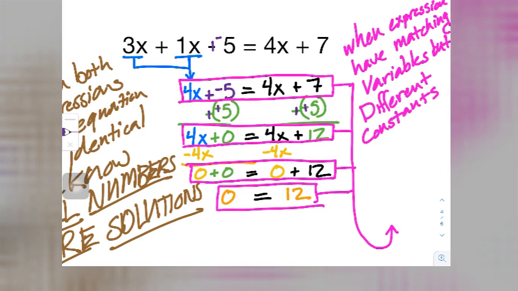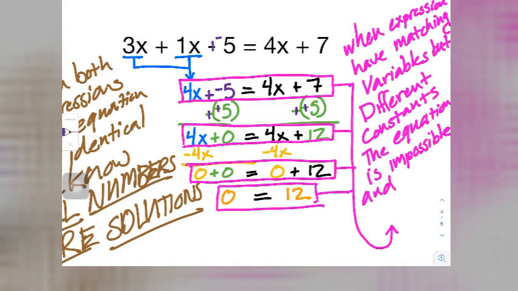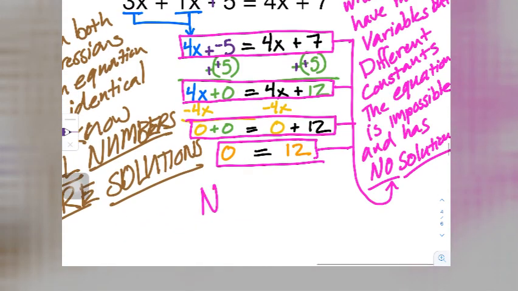But different constants, the equation is impossible and has no solutions. That's the important part, no solutions. So when you see this, you write no solution. There is no solution for this problem.